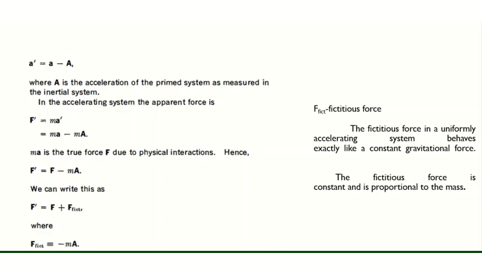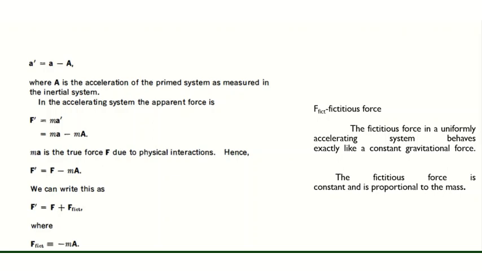In this case, a dash is equal to a minus A, where A is the acceleration of the primed system as measured in the inertial system, and f dash is equal to m a dash, which we can write as ma minus mA. A is the acceleration of the primed system.